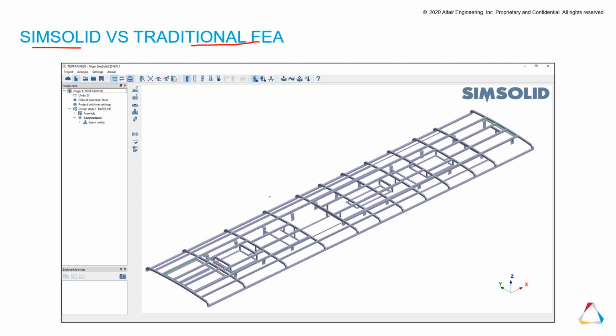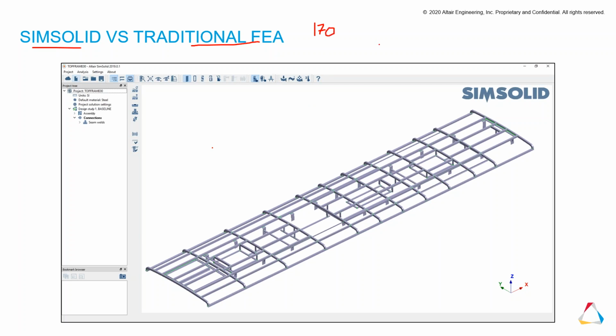If let's say you're given this model here, this is actually a bus, a roof of the bus, right? So there are about 170 parts here, or more than 170 parts.